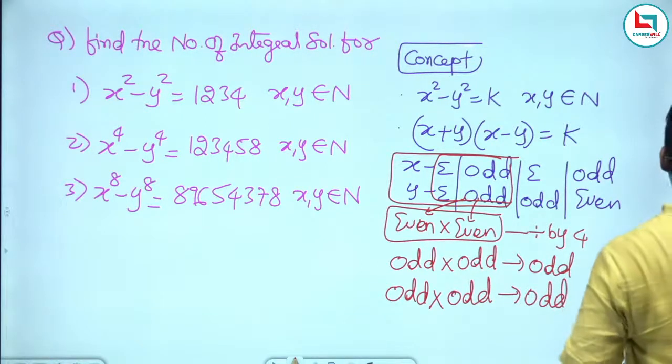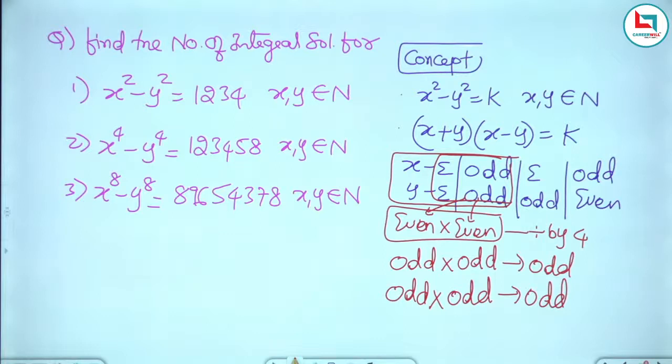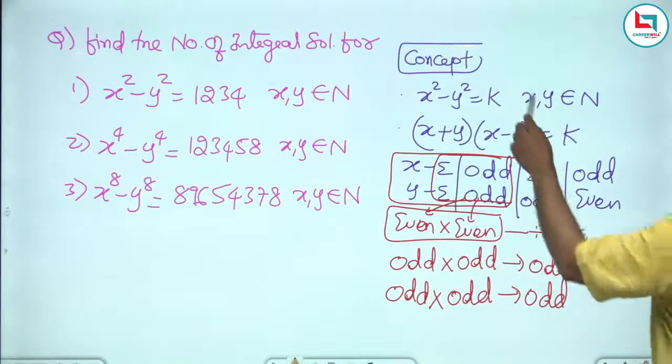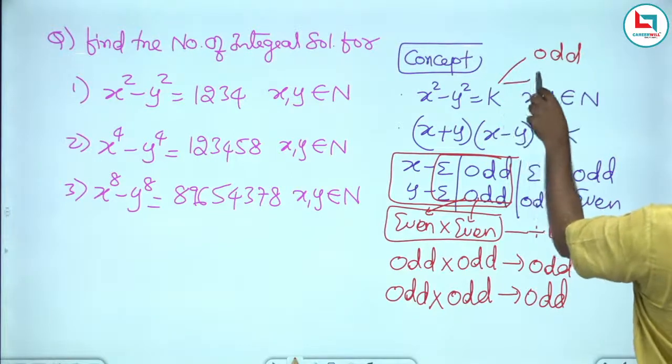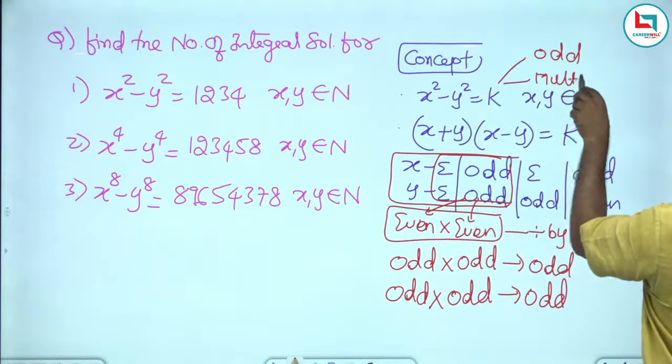That means x square minus y square equivalent to k has integral solutions only when k is an odd number or k is a multiple of 4.